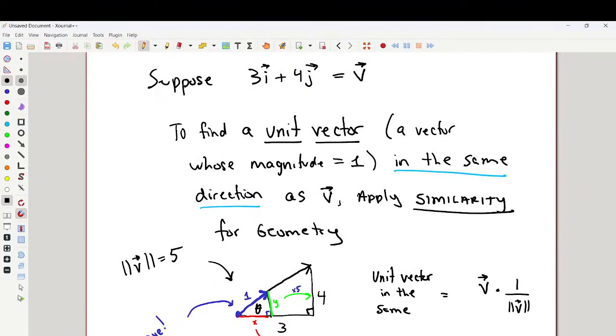Let's see. Here's my original vector. Here's its magnitude. And we're just going to take those components and multiply them by a number, 1 over the magnitude. And we're going to scale it downwards. V on top of its magnitude.